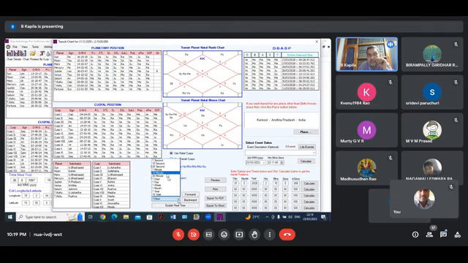I would shift it back to get sun here, and then I will advance by 1 minute. I get moon here. From 1 minute, I will advance it by 10 seconds.